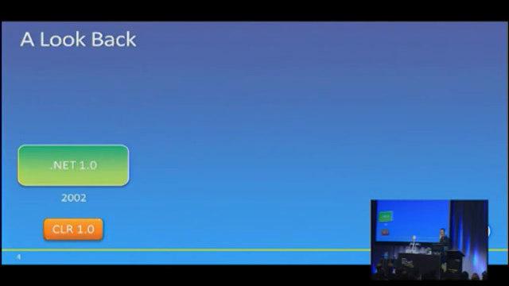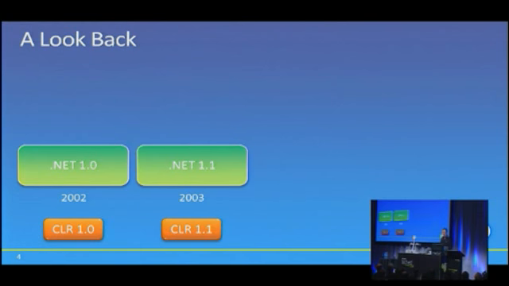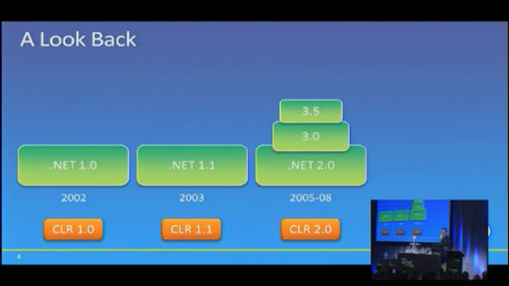Okay, so just a quick look back on the history of .NET. Who was around back in 2002 and developing on .NET 1 when Microsoft first released it? Good, a few of you. And who was around when we started really developing with .NET and 1.1 came out? Okay, cool. So we had .NET 1, .NET 1.1, and then a stack of .NETs all built on the same CLR.